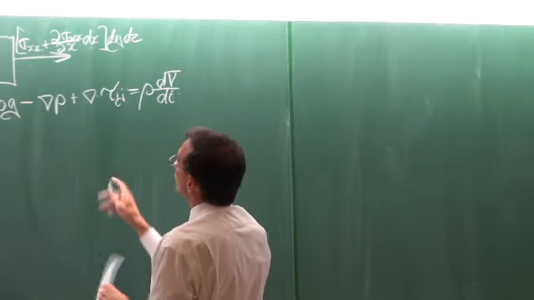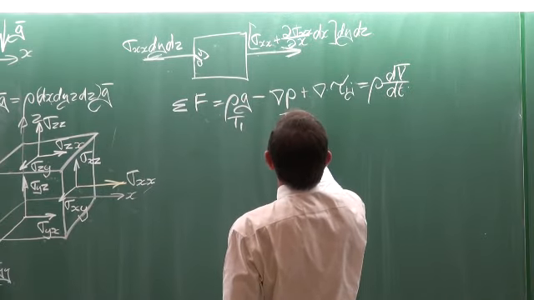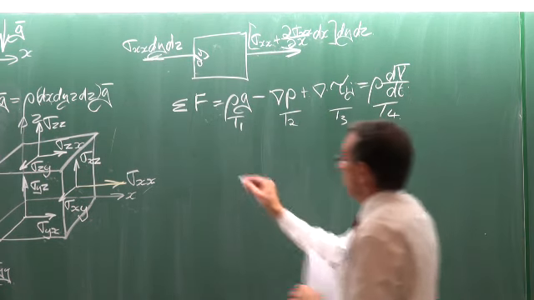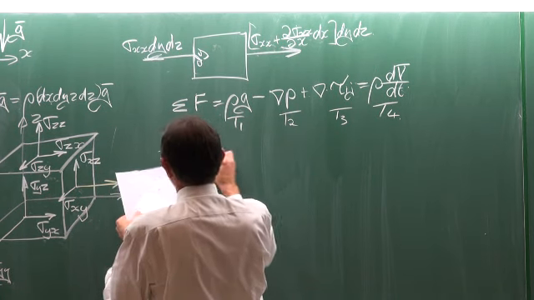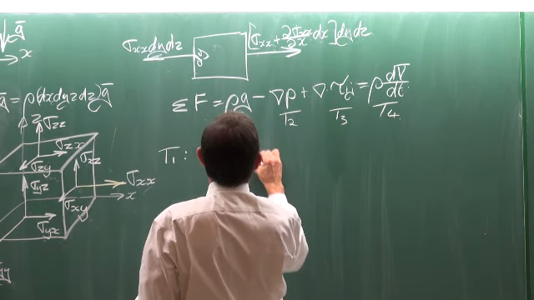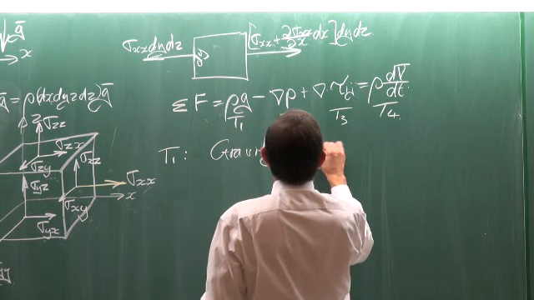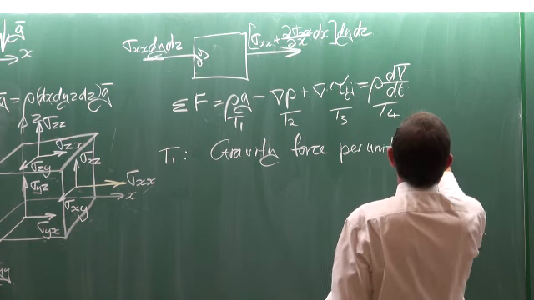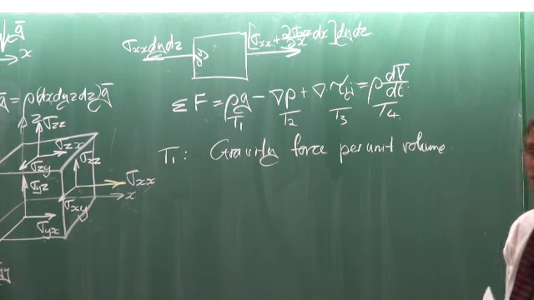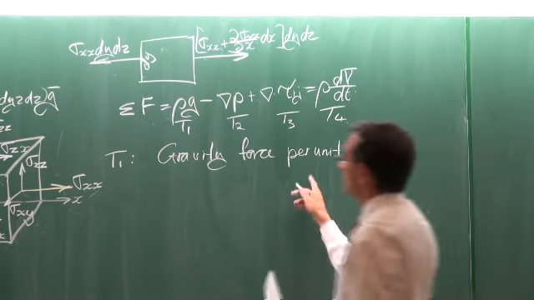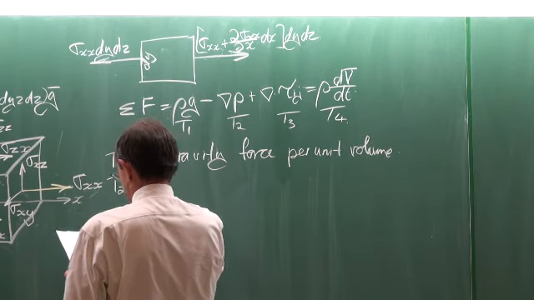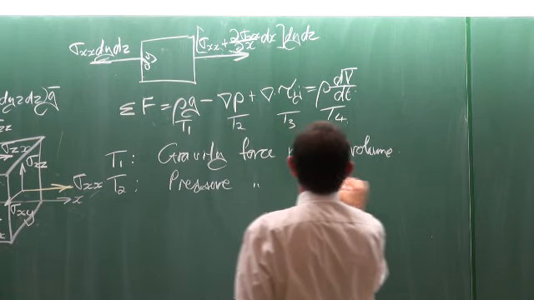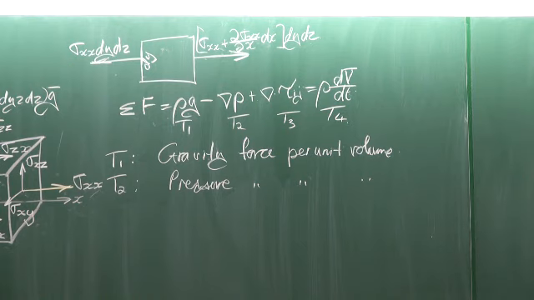Now let's look at every one of these terms: term 1, term 2, term 3, and term 4. Term 1 represents the gravity force per unit volume. Term 2 represents the pressure force per unit volume, the pressure force on the control volume.